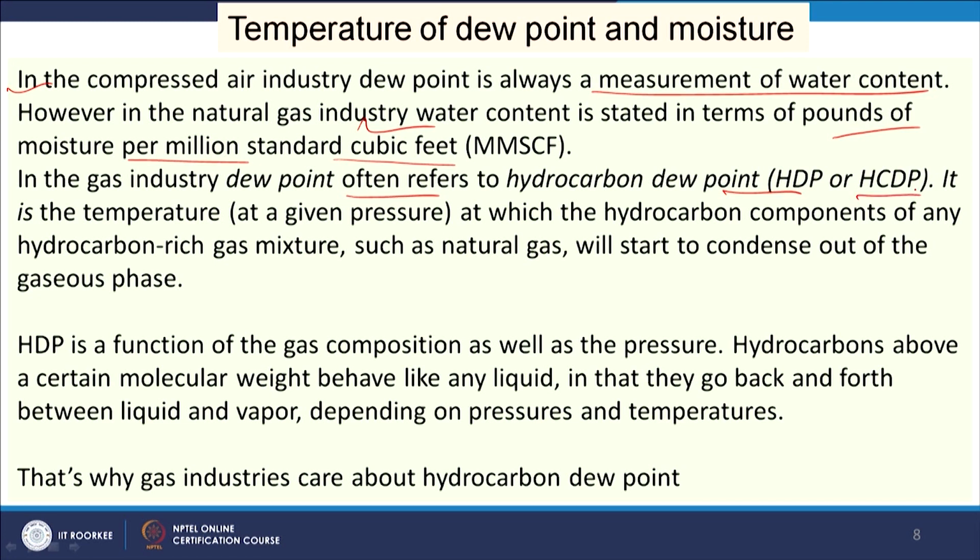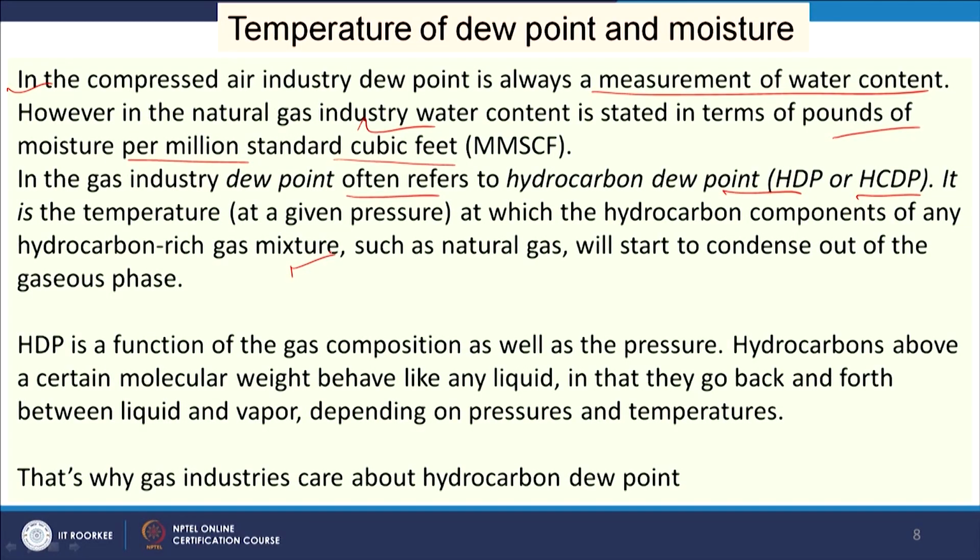It is the temperature at which the hydrocarbon components of any hydrocarbon rich gas mixture such as natural gas will start to condense out of the gaseous phase. So, it is the minimum temperature at which the hydrocarbon gas will start to condense. So, this is your dew point.